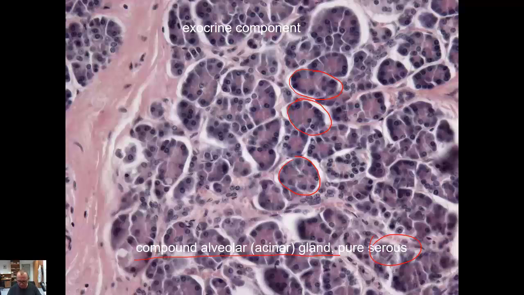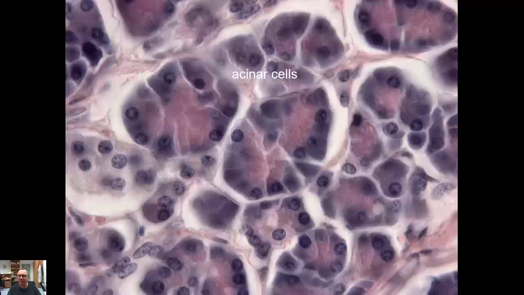Serous cells are the cells with very typical structure. You already know them because there was a discussion about them in epithelial tissue, or we studied them in some previous glands. They have pyramidal shape.